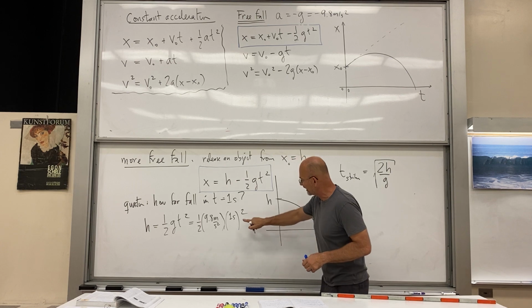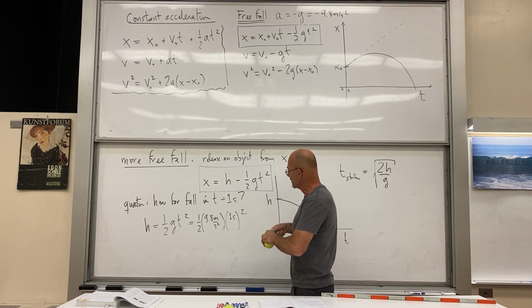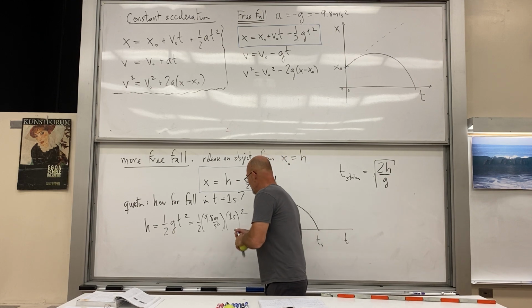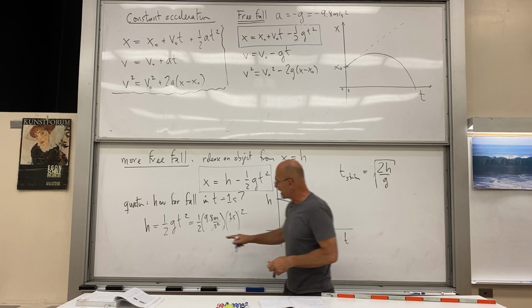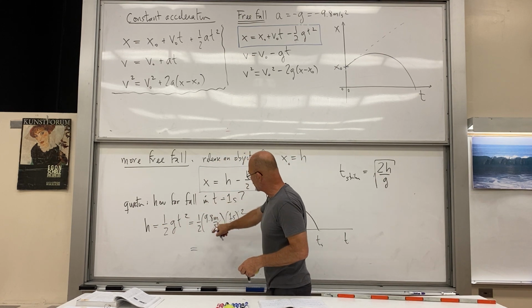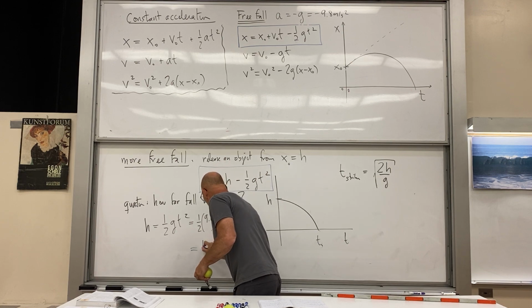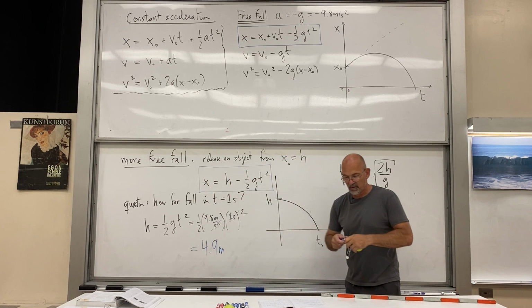I want to make sure we see the seconds in the numerator cancel against the seconds in the denominator. They're squared here, squared here. So we're going to end up with meters. And now we can do 9.8 divided by 2, 4.9 meters. Okay, this is an important number.